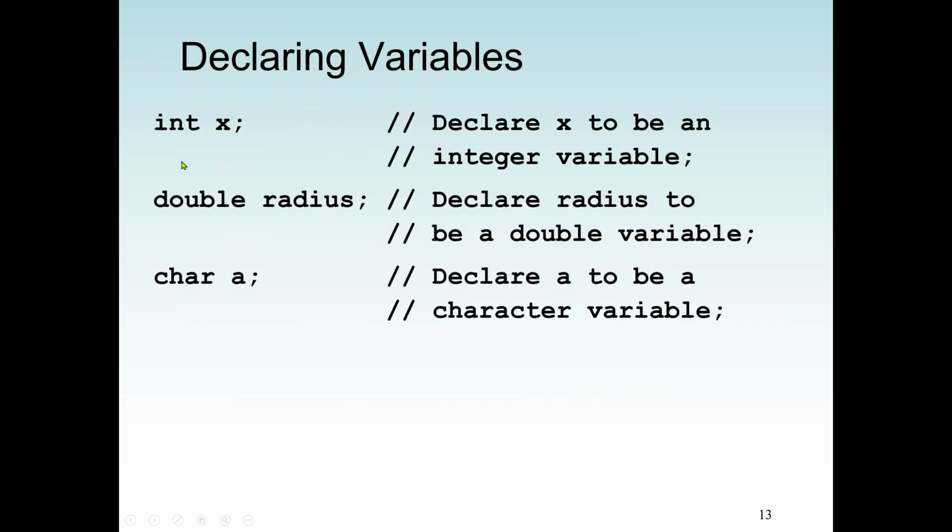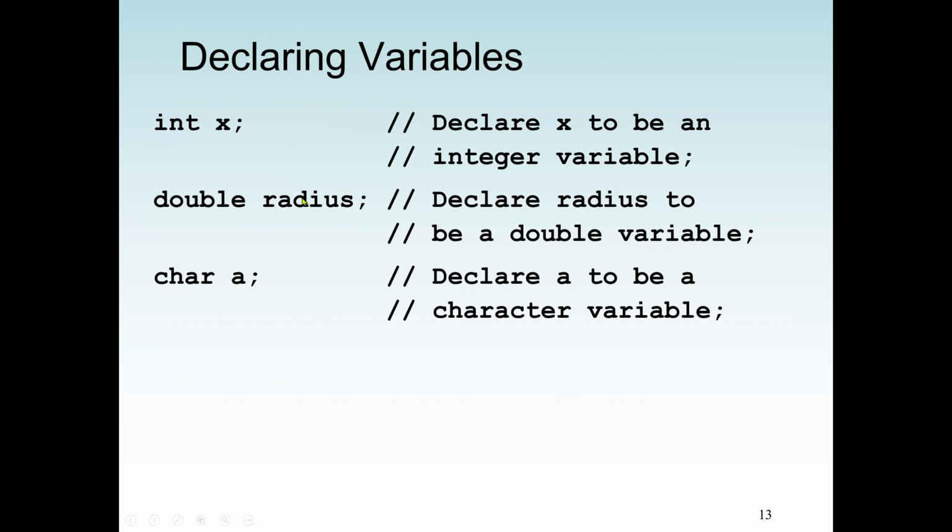To declare a variable, we use int x or double radius or char a. So char a means we can store only characters like A, B, C, D, uppercase or lowercase. And normally characters have to be in single quotation marks.